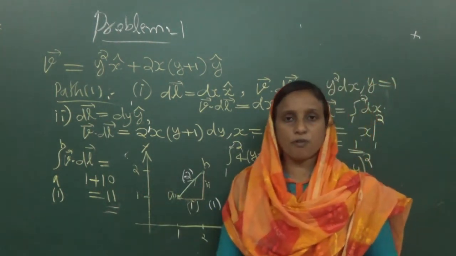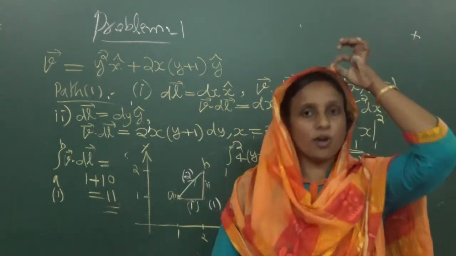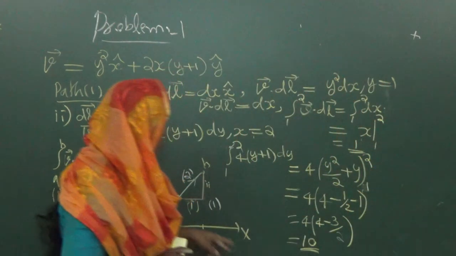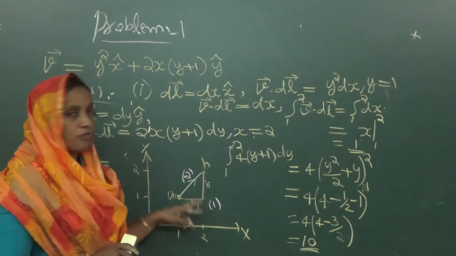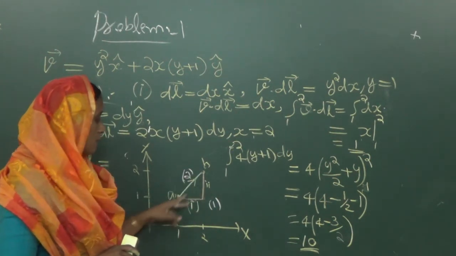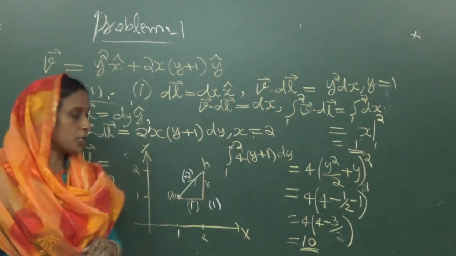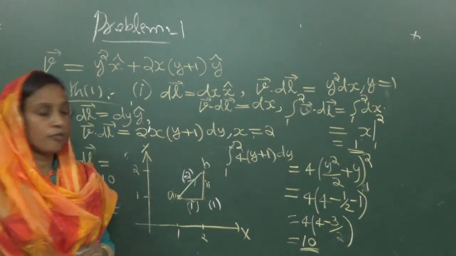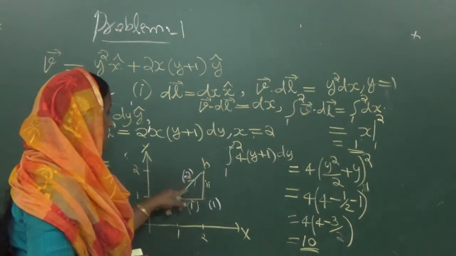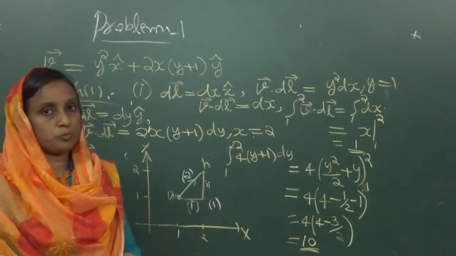Is our problem finished? No, it is not finished. Why? Because we want to find the integration of this function along this line, path 2. So, as a second part, we can find the integration along path 2.